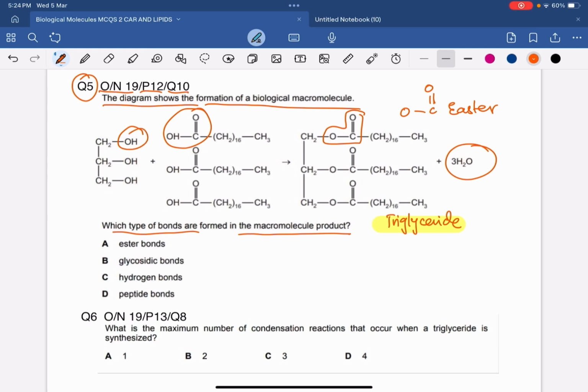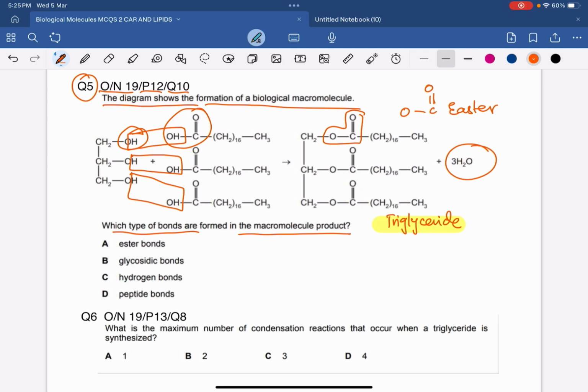The H from the alcohol group and OH from the carboxylic acid group is removed and a condensation reaction takes place. This is known as the condensation reaction, basically where the water is being removed and the ester bond is being formed. I believe they will ask the name of the reaction in a further MCQ, so you should keep this in mind that this is the condensation reaction.